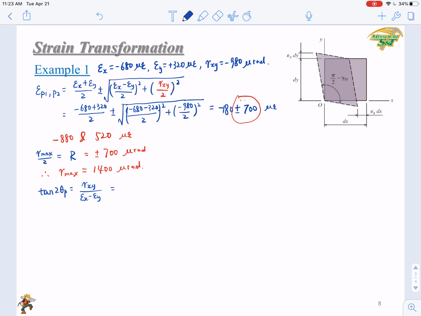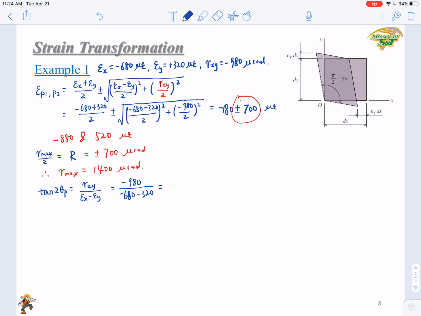So this will be negative 980 over negative 680 minus 320, we get 1,000.